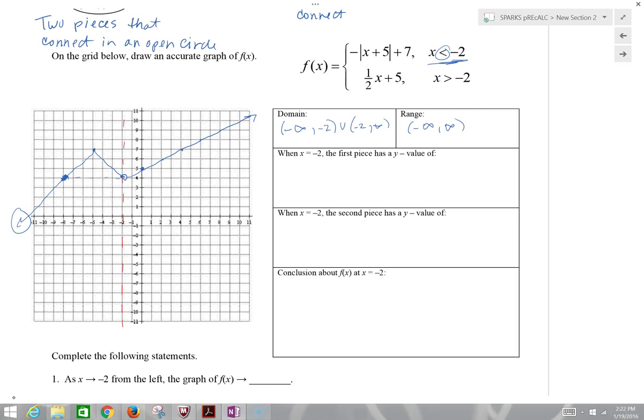The more interesting piece of the graph is where these two pieces come together. When x is equal to -2, if we're starting with the first piece, we could plug -2 in to see what would happen if it existed there. So we could say the absolute value of -2 plus 5, plus 7, and we'd get out +4.